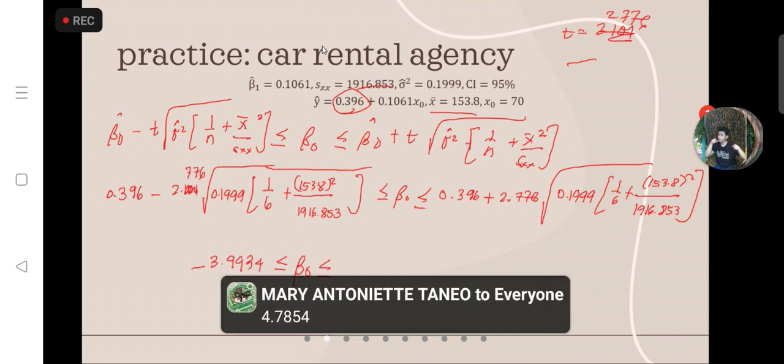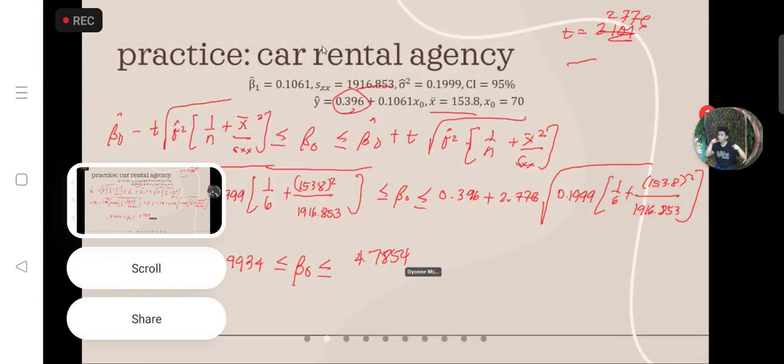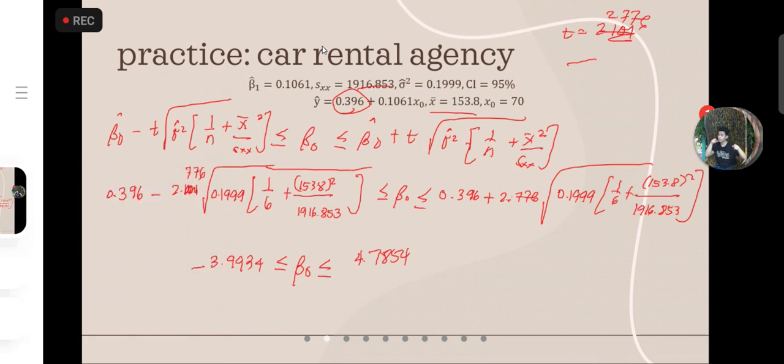Sige. 4.7854. Same answers? Yes, ma'am. Different answer.